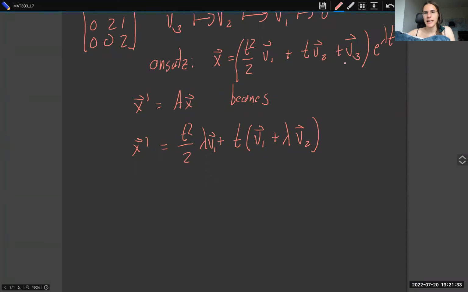And the ways that you can get something here are you can either differentiate, so I'd like to put the higher order term here. So we differentiate the t here, so we get v2 plus lambda v3.